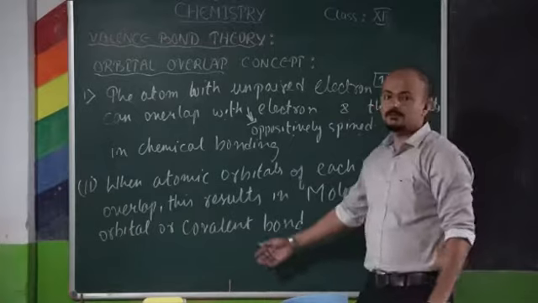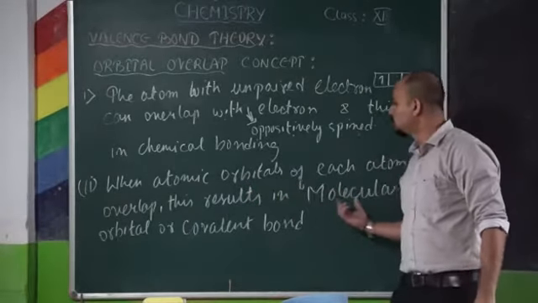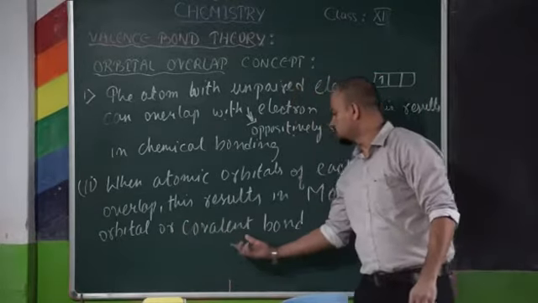You have to remember, once these atomic orbitals overlap to form a molecular orbital, we can also say a covalent bond.